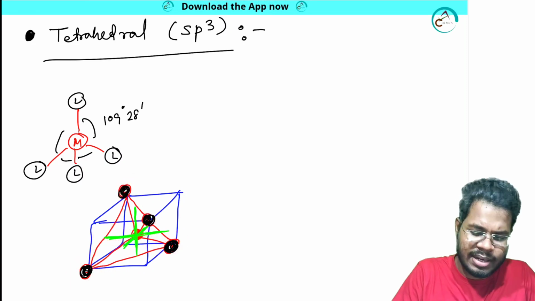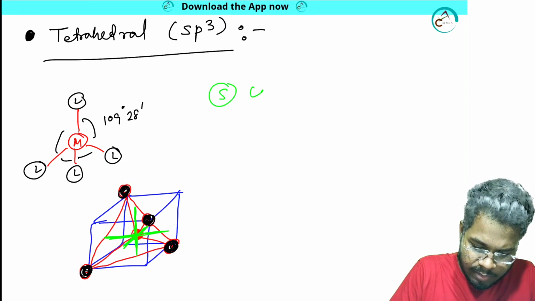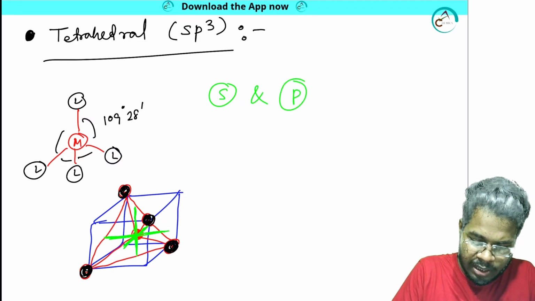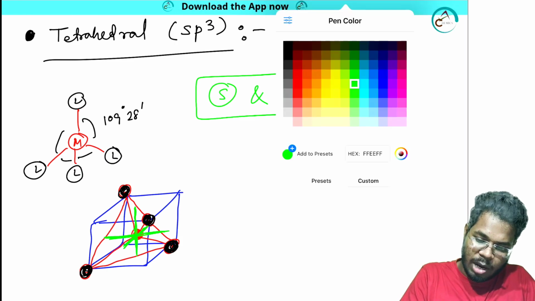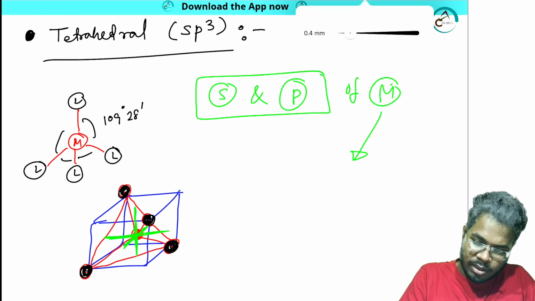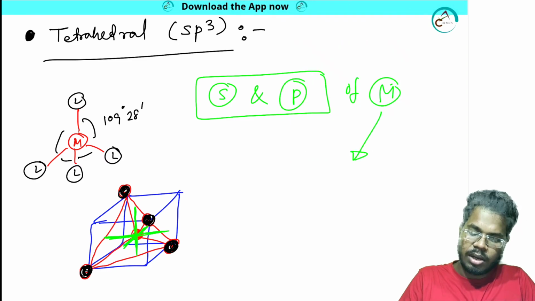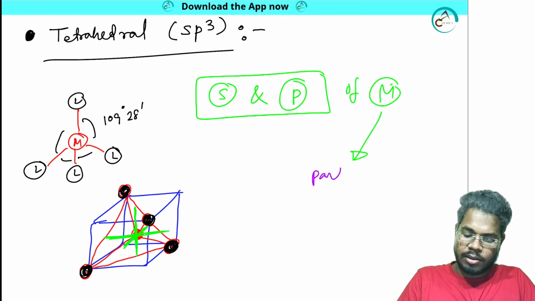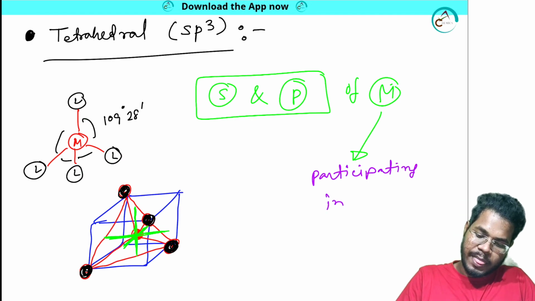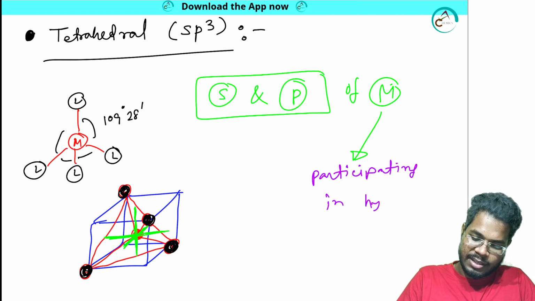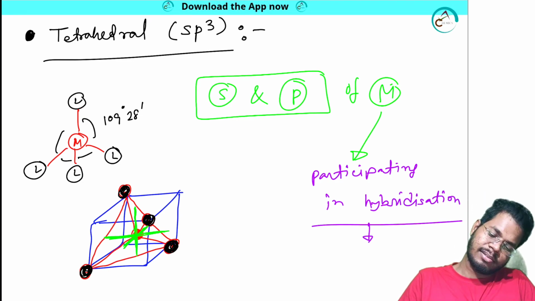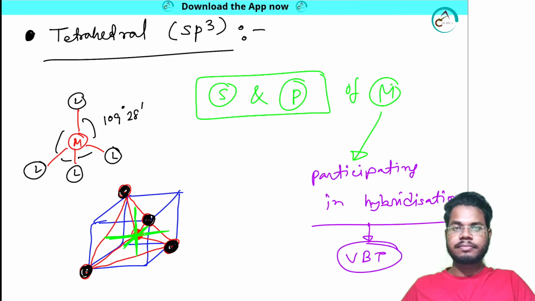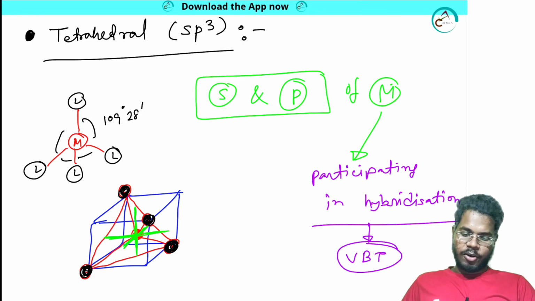So that's why we only consider that the s and p orbitals of the metal are participating in hybridization, that is in VBT. Clear? Clear, right? Okay, done.